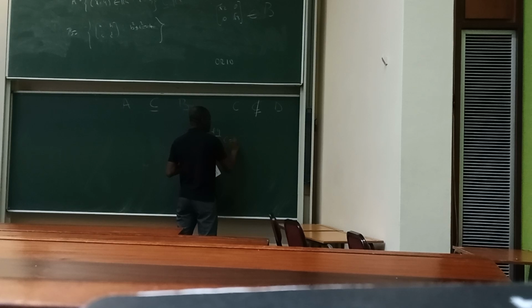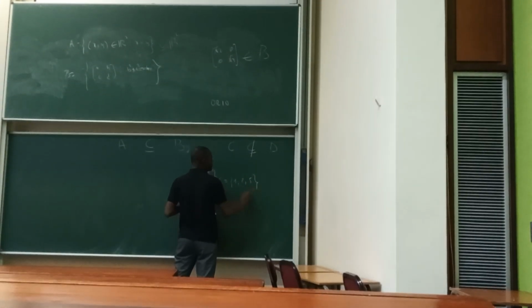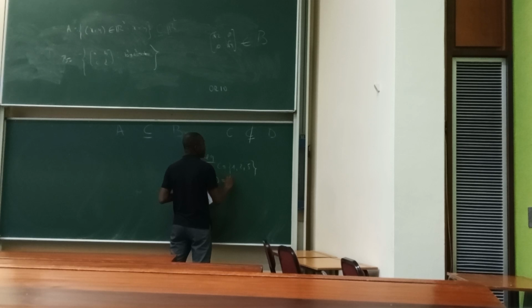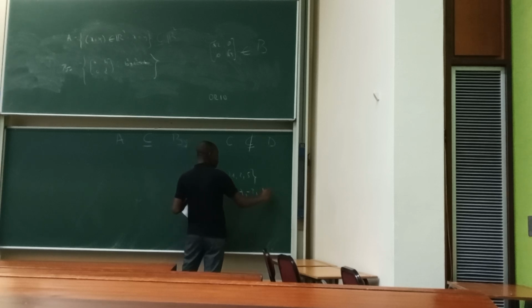Let me give an example. If I consider my C, which is 1, 2, 5, and my D is 2, 7, minus 3, 1, 4.